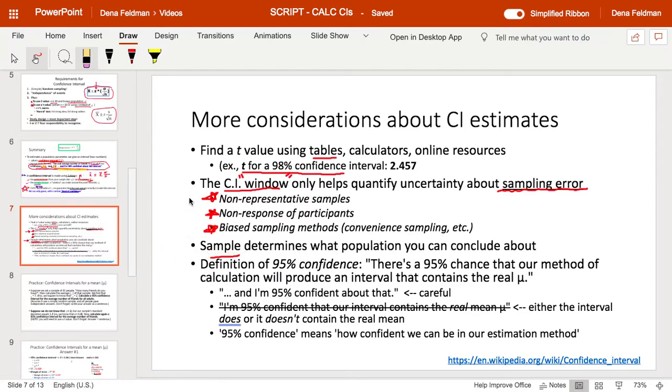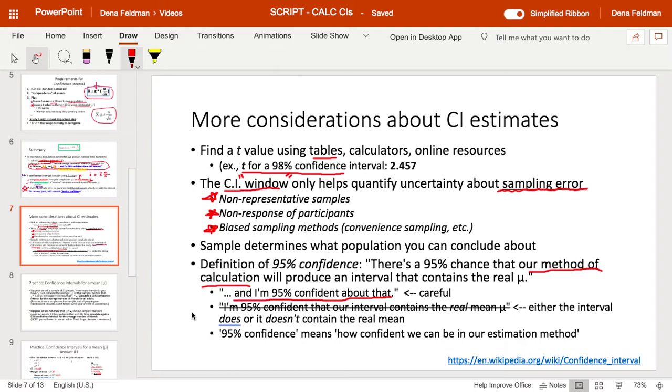So in addition to that, as I was saying that I'd come back to talk about the definition of 95% confidence. Now, I've said before, I'm 95% confident about that. What do I mean when I say I'm 95% confident about that? In other words, it's saying that there's a 95% chance that our method of calculation will produce an interval that contains the real mean.